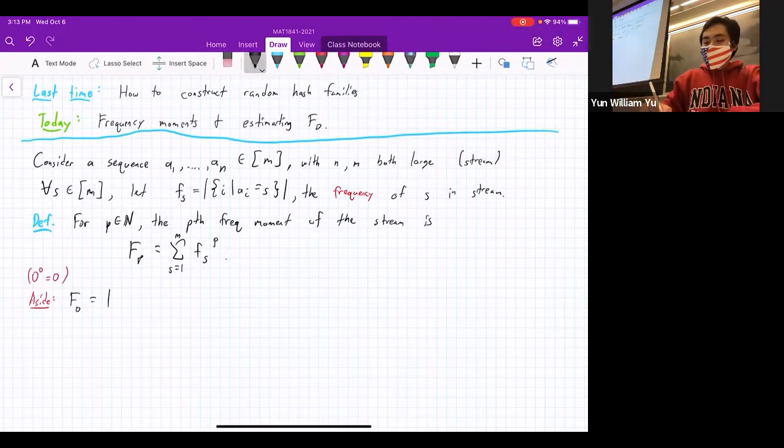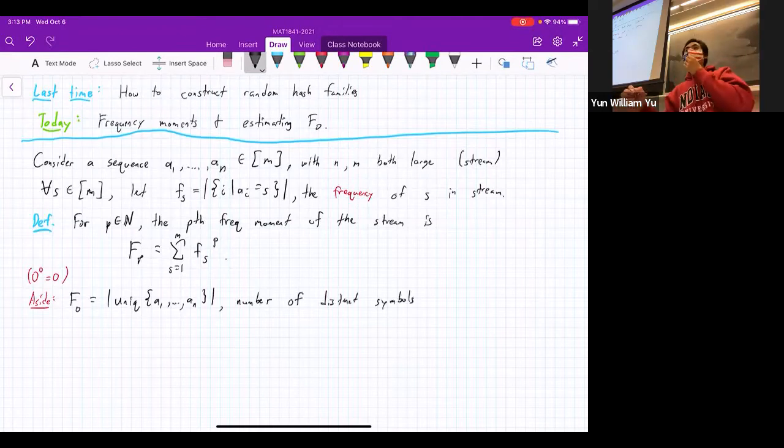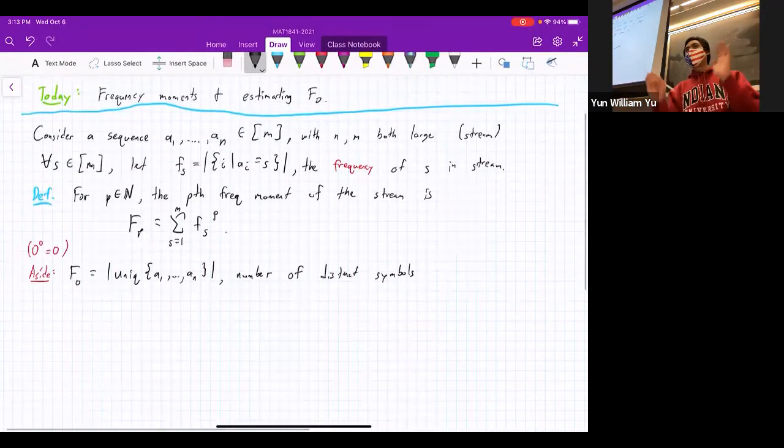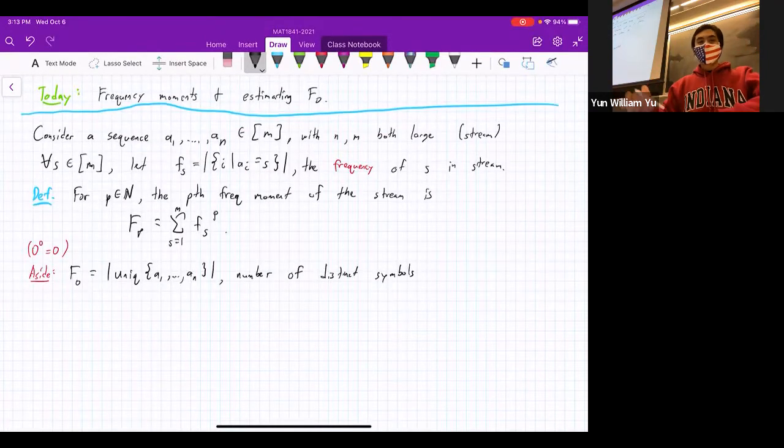But then F_0 is going to be equal to the number of unique items in A1 through AN. And that's going to be the number of distinct symbols. So this is precisely the count distinct problem that things like HyperLogLog solve, which we're going to work on a little bit later. And yes, I know 0 to 0 equaling 0 is somewhat non-standard, but it works for our use case here.